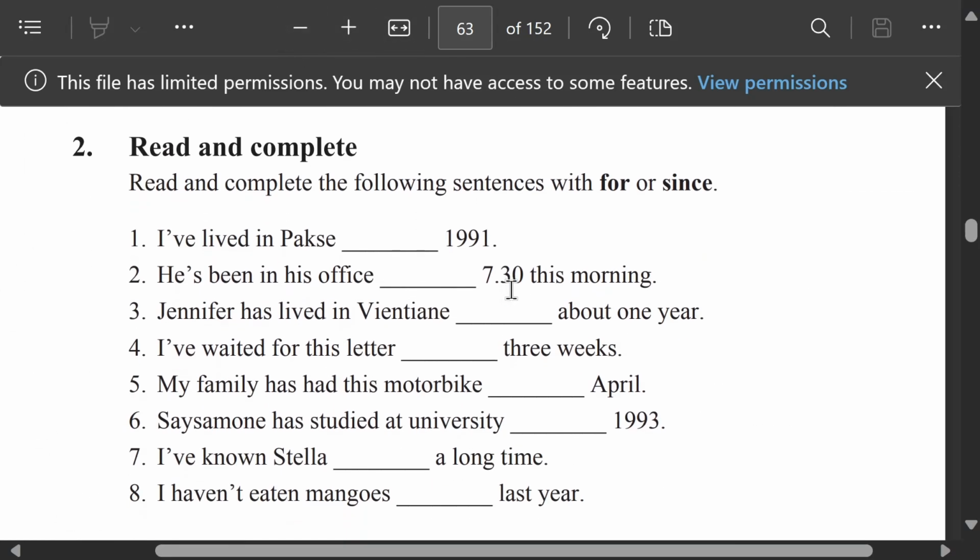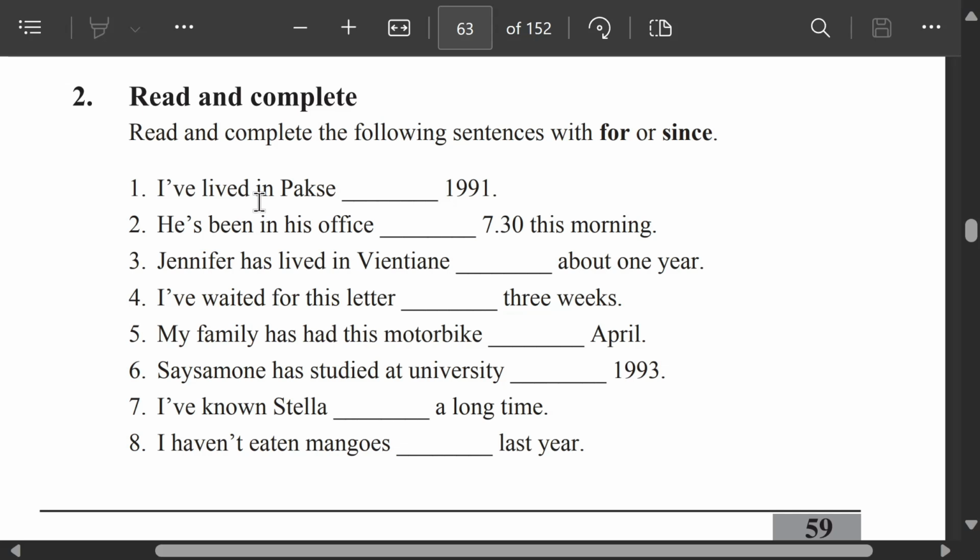Read and complete the following sentences with for or since. I've lived in Paksi since 1991 or for? Since, right? This shows a beginning, a starting point in time. He's been in his office since or for? Since. Are you sure?